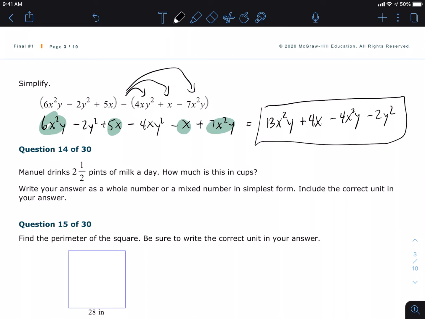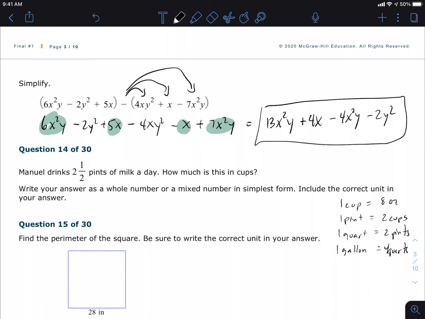Sorry. Okay, so pints, each pint is 2 cups. So that's important. So this is one thing that I would look up, and I'll write it down for you guys here just so you guys have it. So 1 cup equals 8 ounces. 1 pint equals 2 cups. 1 quart is 2 pints, and then 1 gallon equals 4 quarts.